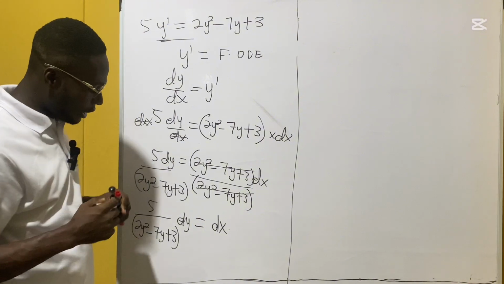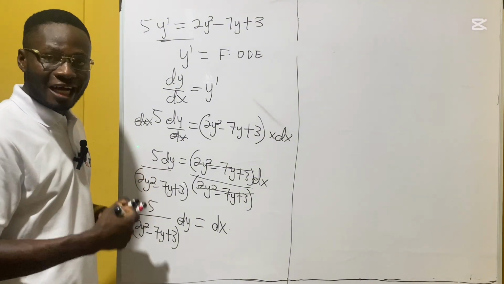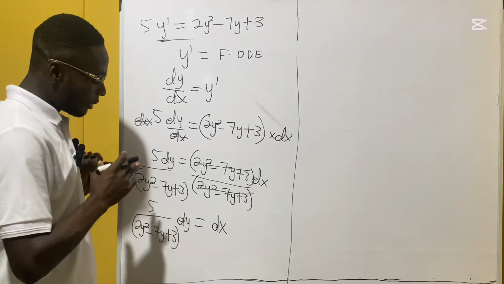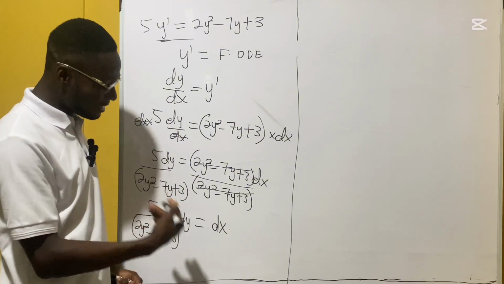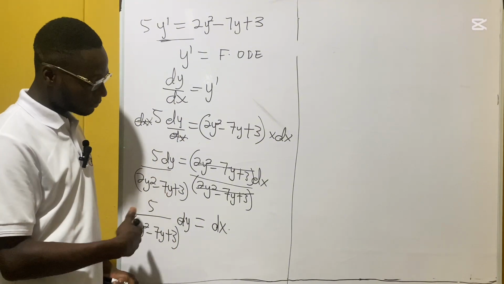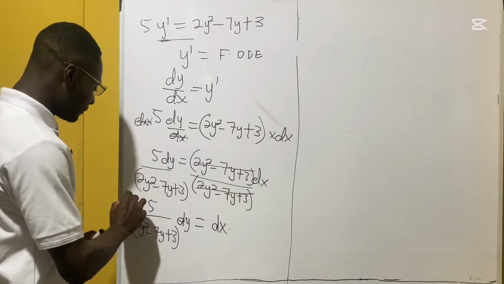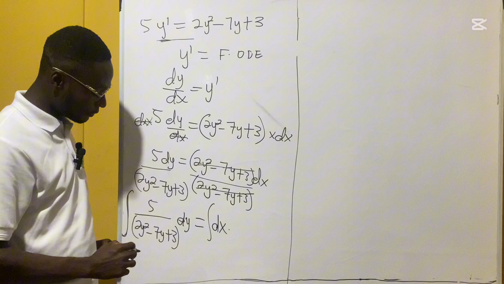Here we have now been able to isolate the variables into x components and y components. So now we can go ahead and integrate both sides with respect to their variables.